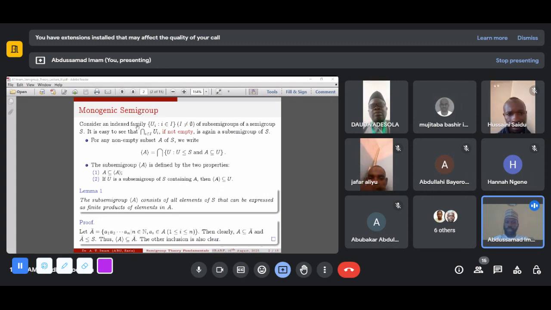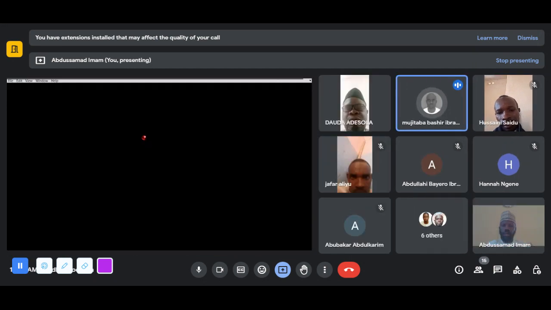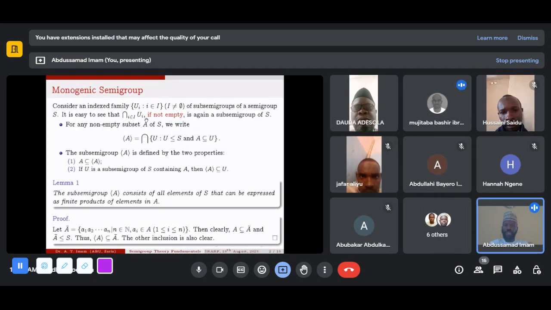We consider an index family, U_i, of sub-semigroups of a semigroup S. It is an easy exercise to see that the intersection of any family of sub-semigroups, if not empty, is again a sub-semigroup of S. If not empty here, because in group theory, whenever you take an intersection, the intersection is always not empty, due to the fact that each of these subgroups will contain the identity element.